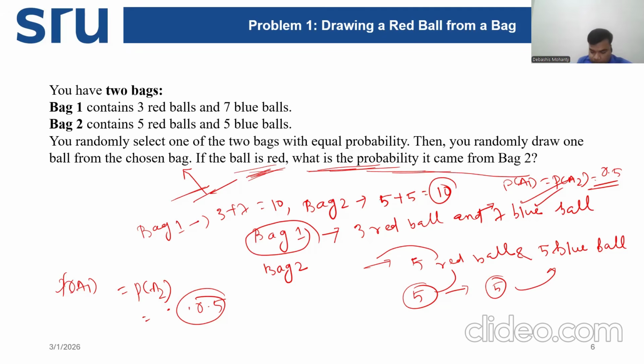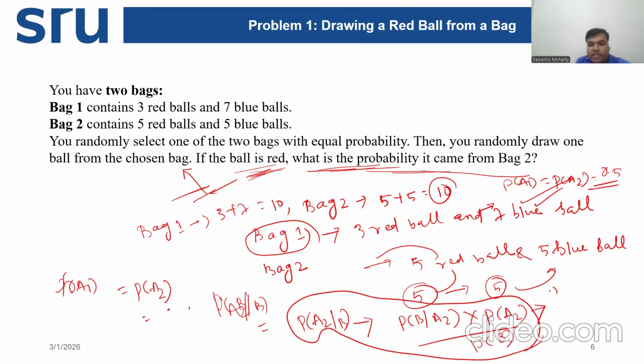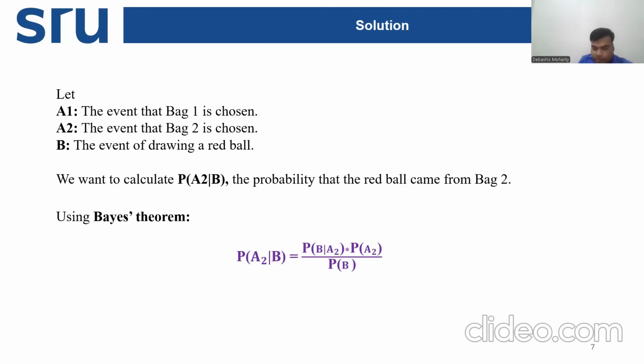Now, according to Bayes' formula, we need to calculate the probability of A2 given B. That equals the probability of B given A2 multiplied by the probability of A2, divided by the probability of B. That is the formula we need to use. A2 means the second event, that is bag two. Coming to the solution, the probability of A2 given B equals the probability of B given A2 multiplied by the probability of A2, divided by the probability of B.